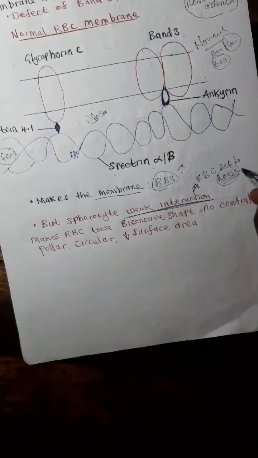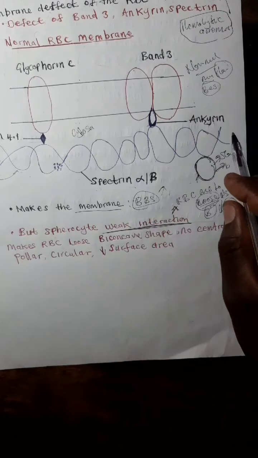Since it is spherical, it causes splenomegaly, the enlargement of the spleen, and it can lead to abnormal destruction of the red blood cells.